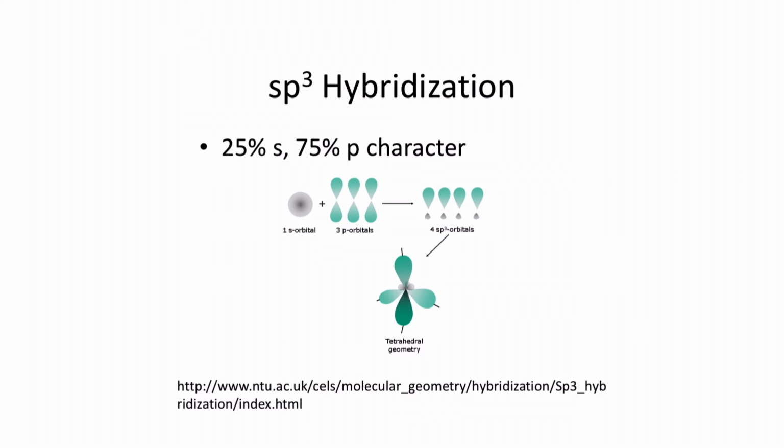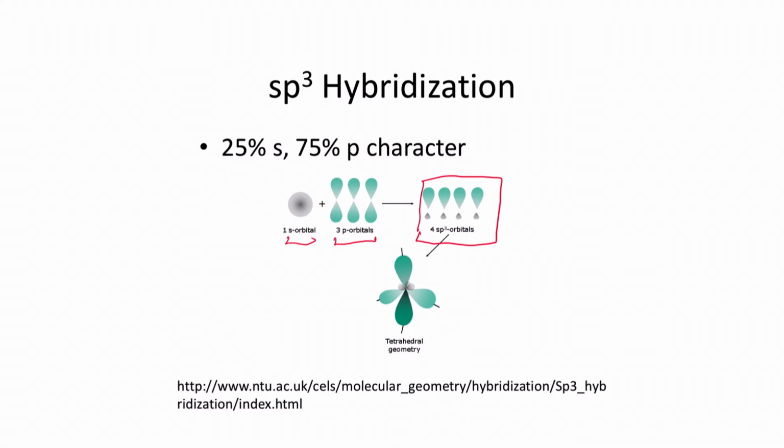Another possibility is something called sp3 hybridization. What happens in sp3 hybridization is you have one s orbital, just like we had before, and 3 different p orbitals, but we're going to use all 3 p orbitals. Since I have 4 atomic orbitals to begin with, I have to have 4 hybrid orbitals to end up with.